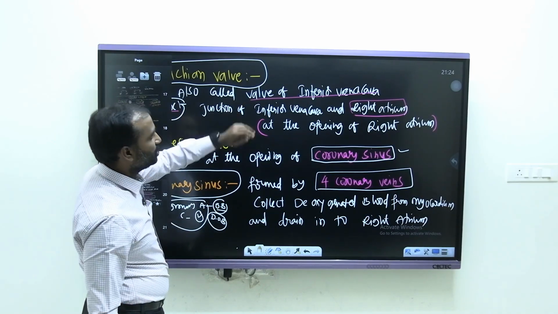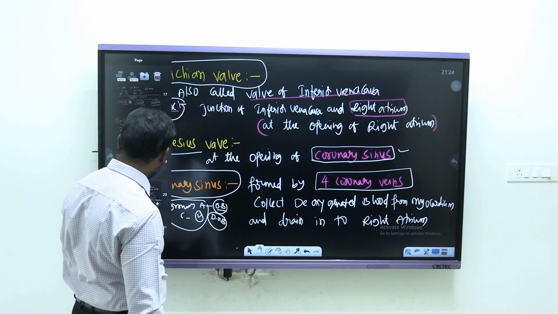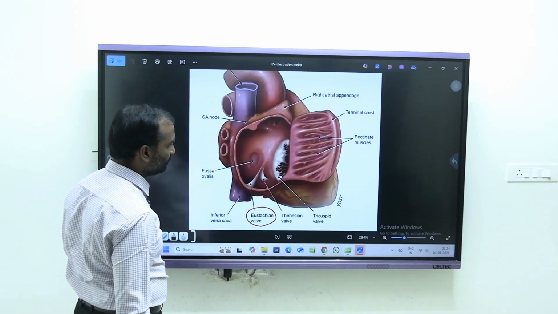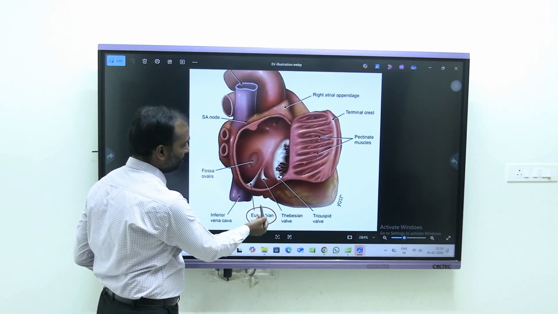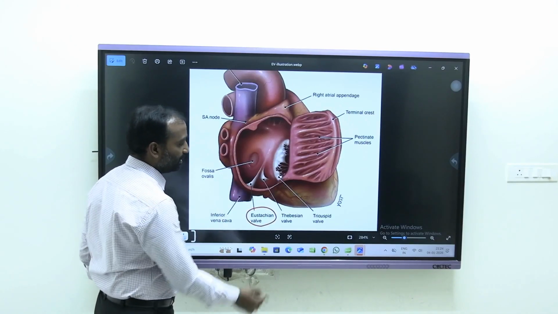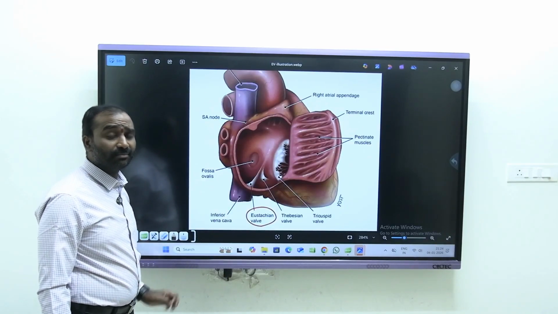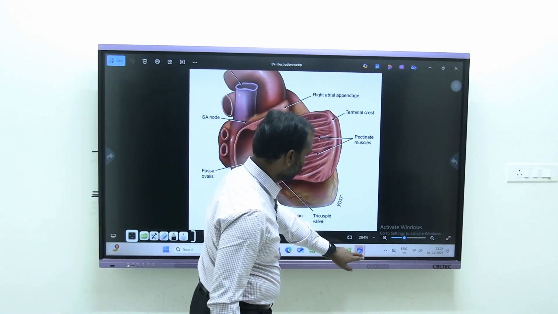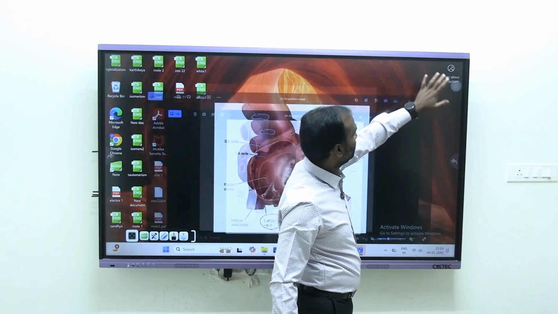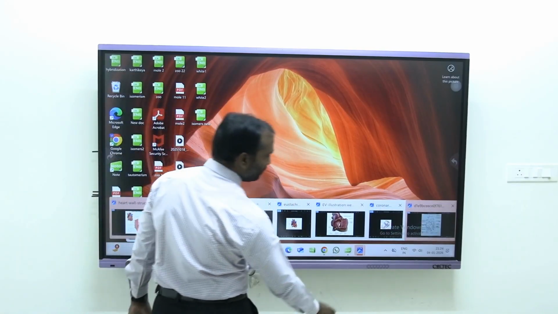So what is the position of the eustachian valve here? At the opening of the inferior vena cava. So here if we check, this is the inferior vena cava where it is opening and we will be finding the eustachian valve. And one more is what? Sebaceous valve. The sebaceous valve is present at the opening of the coronary sinus. Then coronary sinus is formed by what? 4 coronary veins.